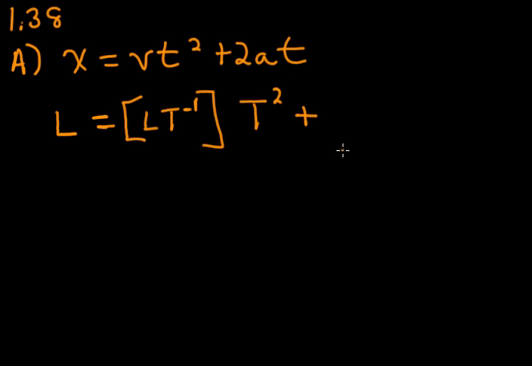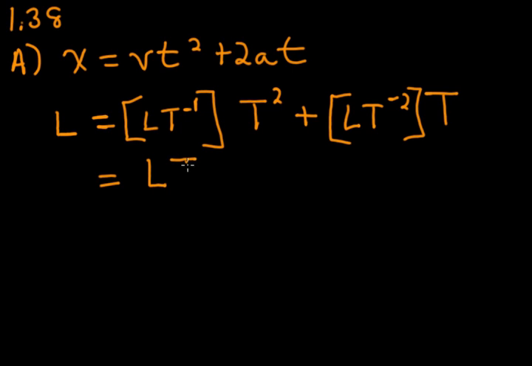Now, a is meters per second squared, so that's length time to the negative 2. Length per time squared. And then a time. So what we'll do here is we need the left and the right side to equal. So if I use my rules of exponents, I get L times t plus L t to the minus 1.